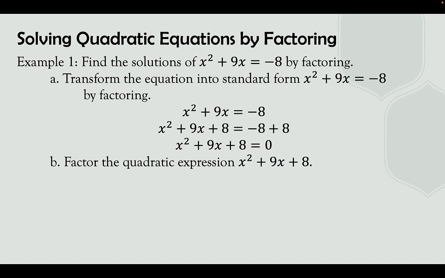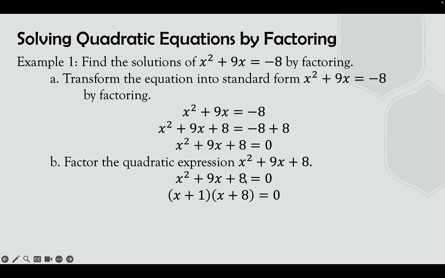Factor the quadratic expression x squared plus 9x plus 8. So when factoring, we just need to remember the last term. For example, we have x squared, so that means the factor for that is x and x. So the two terms now we need to find.